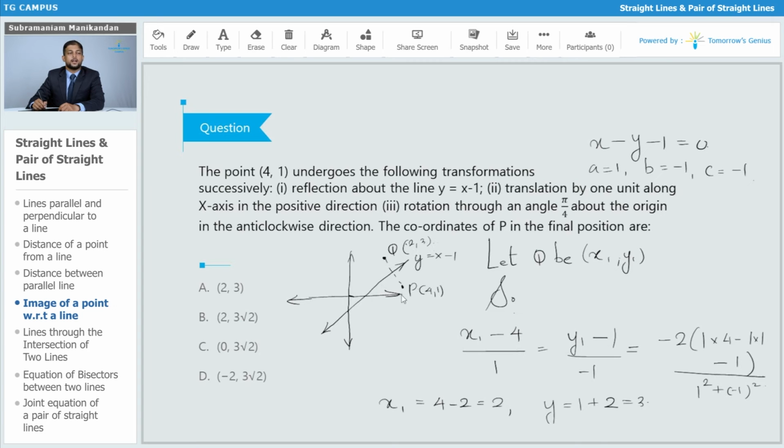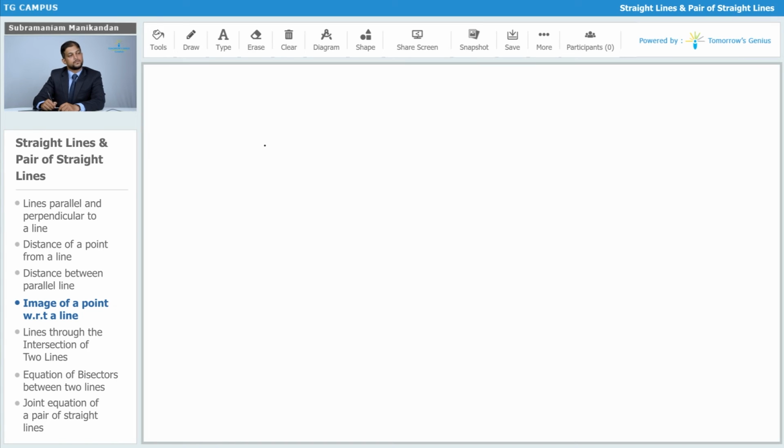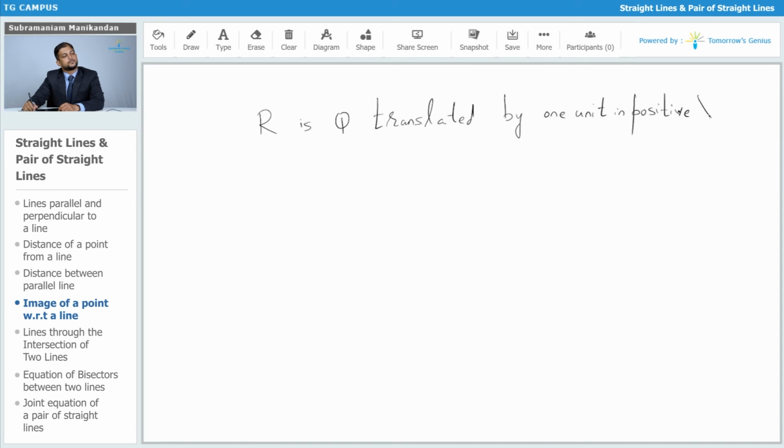So let's call that point R. R is Q translated by 1 unit in positive x direction. So R is the point 3, 3.